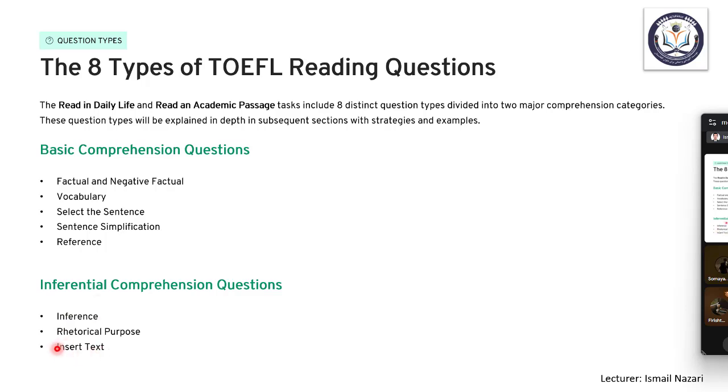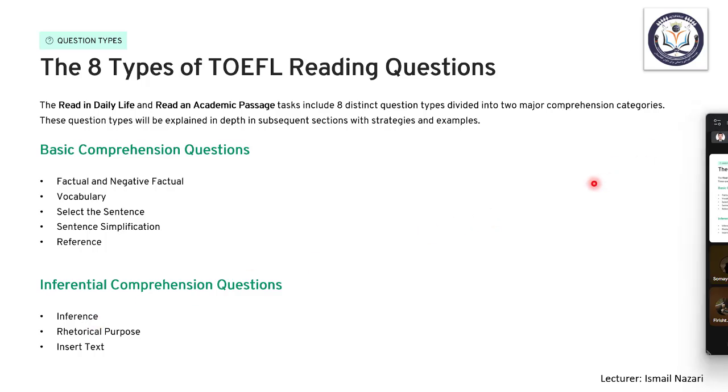These 3 questions usually check the test taker's ability to understand the indirect meaning of the text, and whether the person can infer the relationship and the indirect meaning out of the text or not. So that is the focus of the inferential comprehension questions. These are the 2 important categories that we may have.